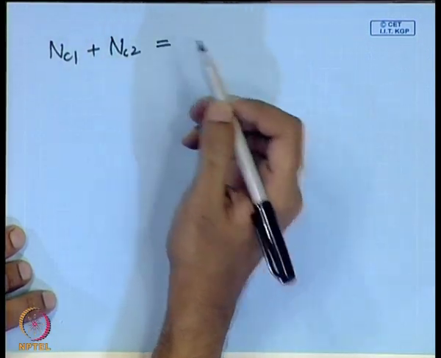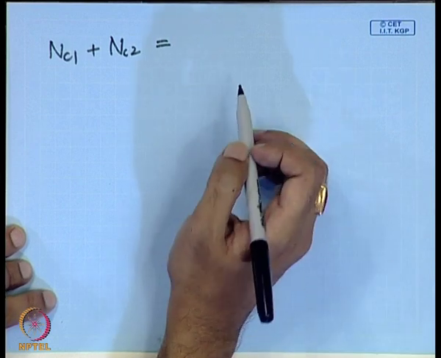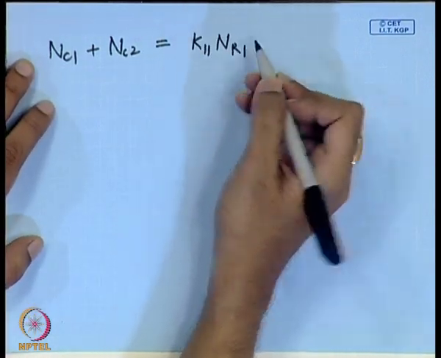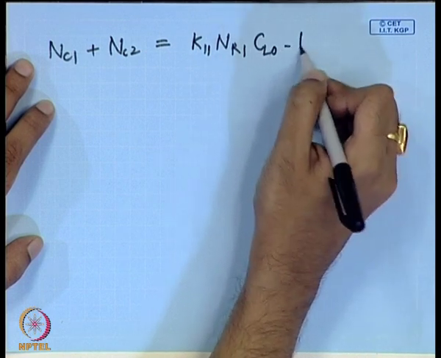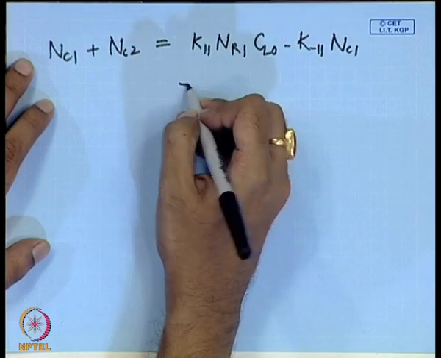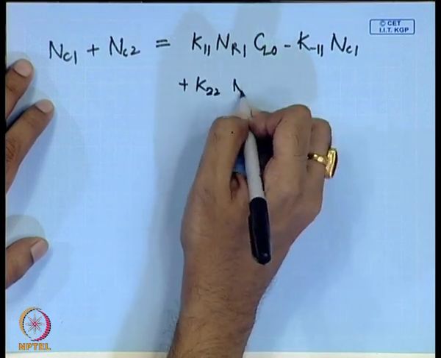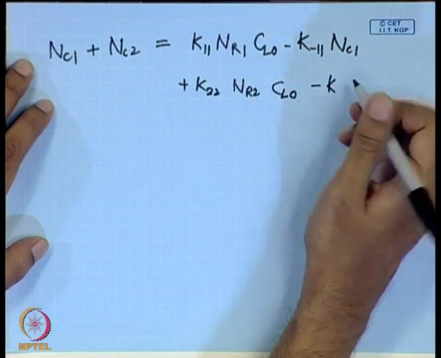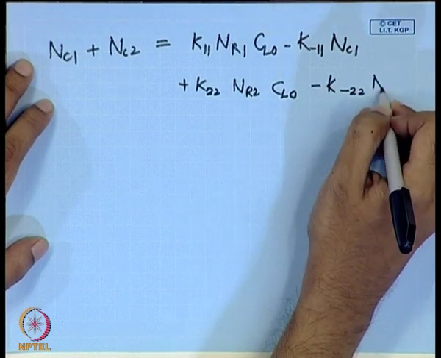If I add all the terms, I get K11 NR1 Cl0 minus K minus 11 NC1 plus K22 NR2 Cl0 minus K minus 22 NC2.